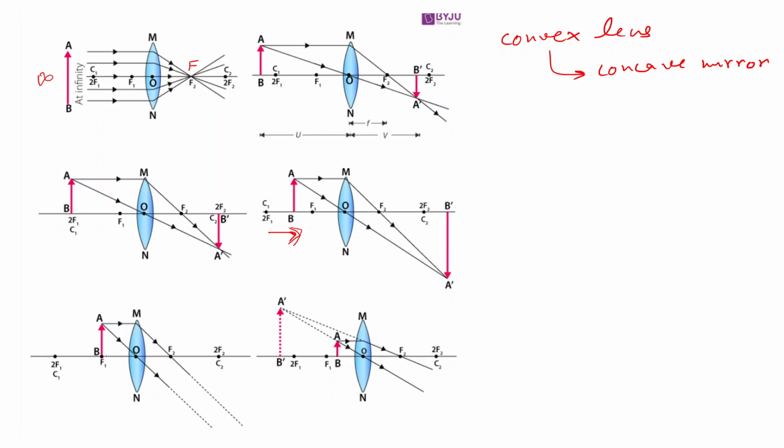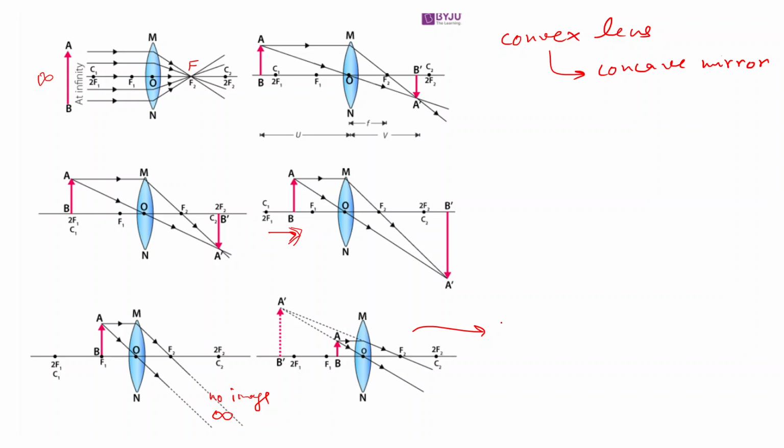inverted. When we take the object and keep it at the focus, then the image will be formed at infinity, or you can say no image will be formed. Okay, after that, if you keep it even closer, that is between the focus and the pole, it will appear as if it's making an image like this.